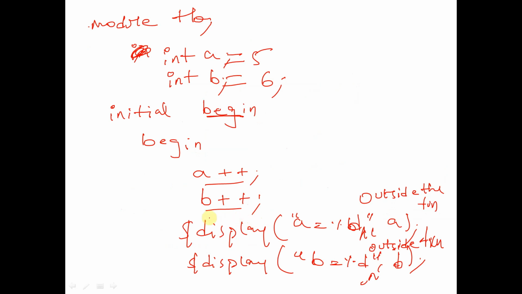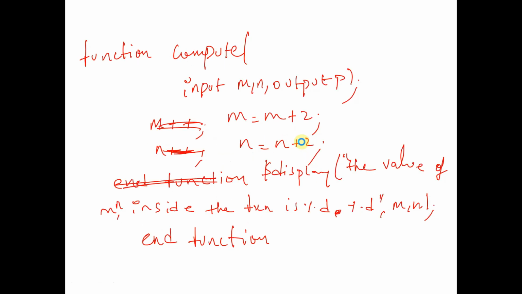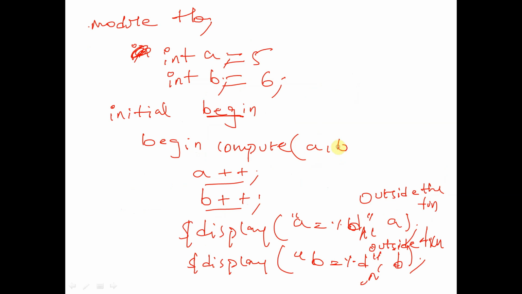Now I will pass the value of a comma b here only. So compute, I will pass the values of a comma b. No need to pass the output variable also. So let's analyze this.